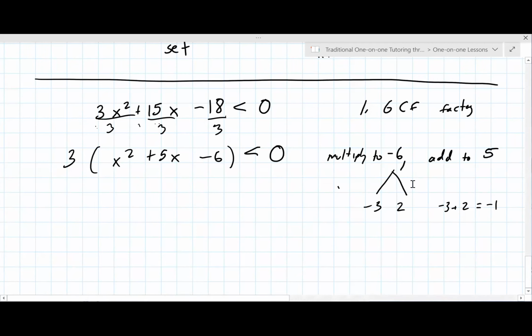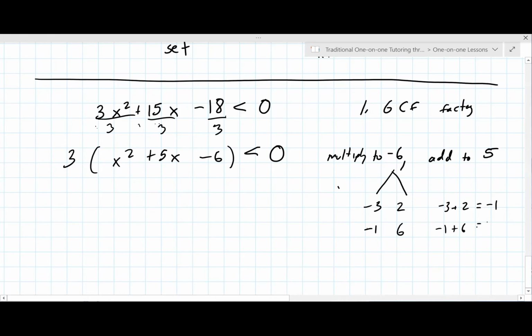There's more than one pair of numbers that multiply to -6. I got -1 and 6. Yes, -1 and 6, those do add to 5.